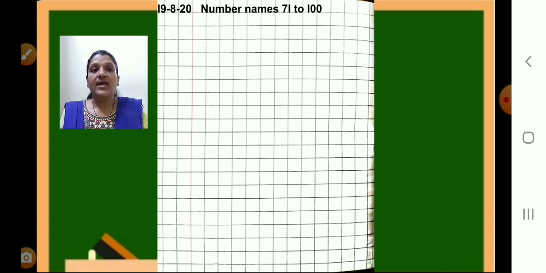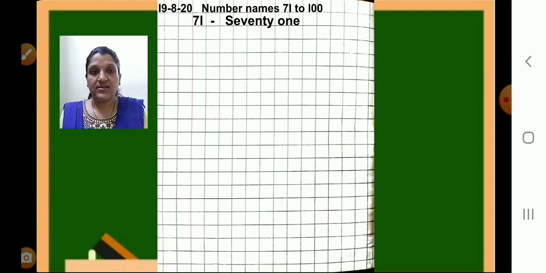Good. Now next line, after the red margin, write number 71 in one single box. Next box, put a dash.